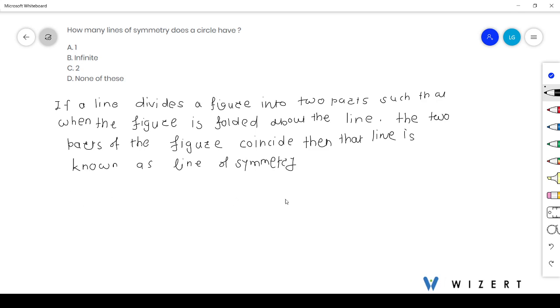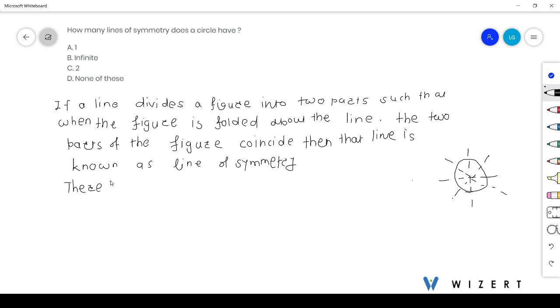Therefore, here for a circle, we can observe there are infinite lines of symmetry about its diameter.